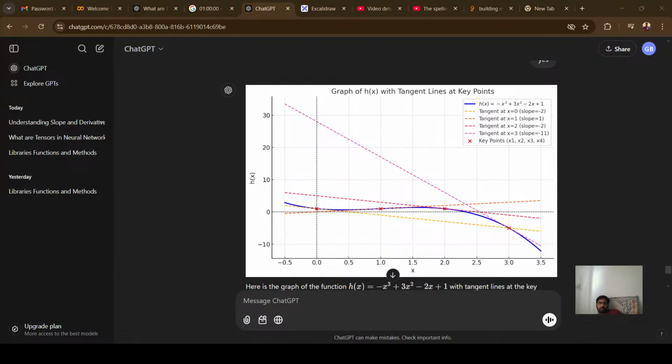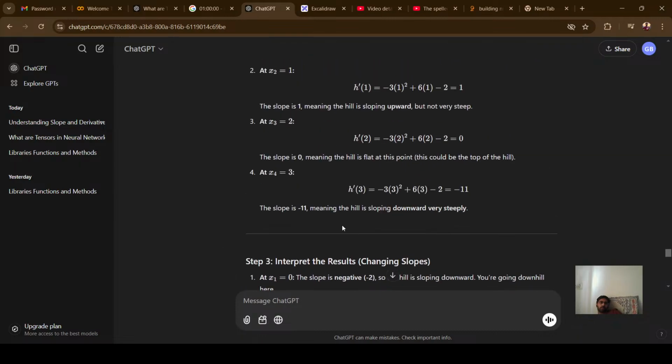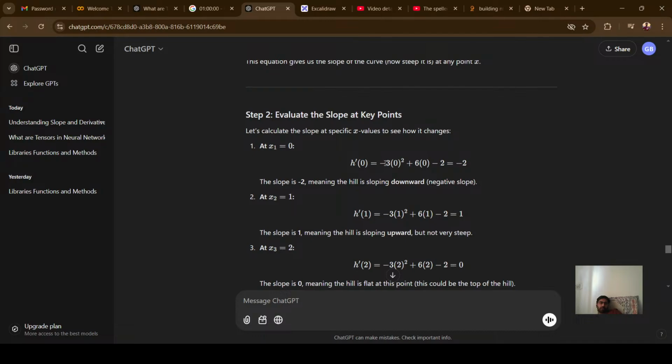So it is telling us that, yeah, this I understood, but in a way, the slopes here were derived by taking the derivatives, okay?